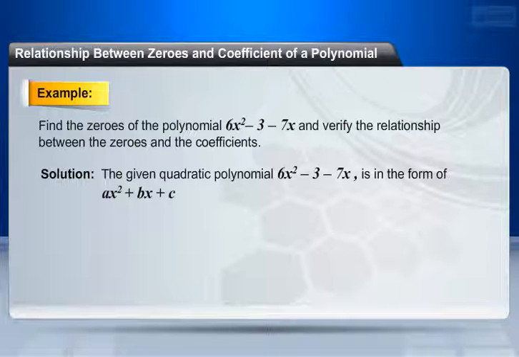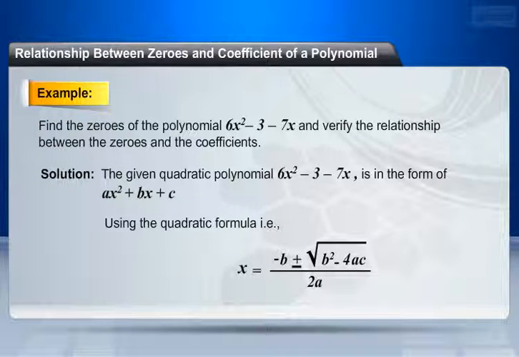After rearranging, we get 6x square minus 7x minus 3, which is in the form of ax square plus bx plus c. Using the quadratic formula, x is equal to minus b plus or minus square root of b square minus 4ac, by 2a.